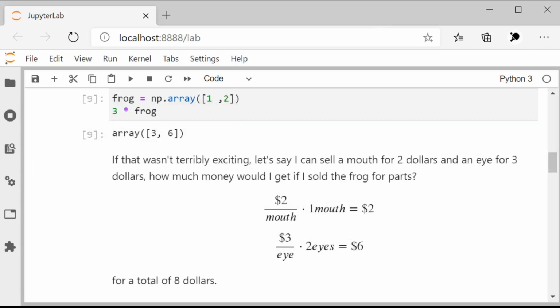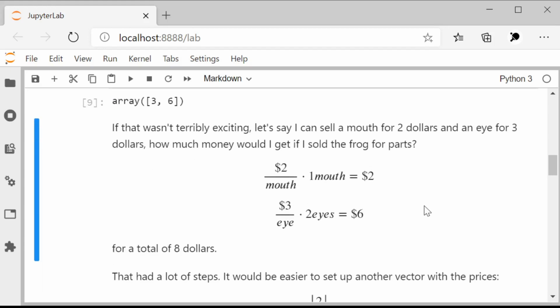All right. If multiplying 3 by a vector is not terribly exciting, let's make it more interesting. Let's say I can sell a mouth for $2 and an eye for $3. The question is, how much money would I get if I sold the frog for parts? That's more complicated now, right? I have one mouth per frog, sold for $2, so I get $2.